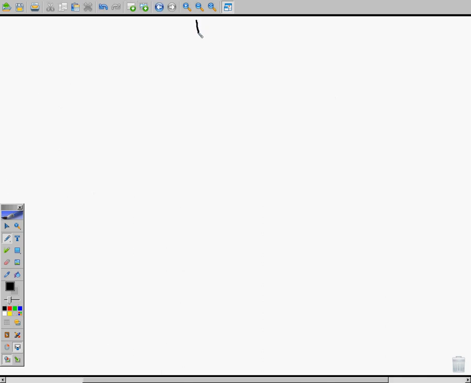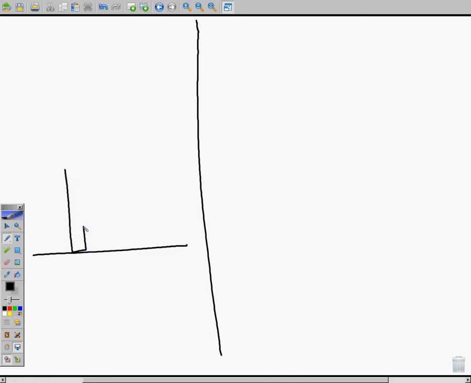Divide this in half here. And here we have a picture of a table. It's a very smooth table.